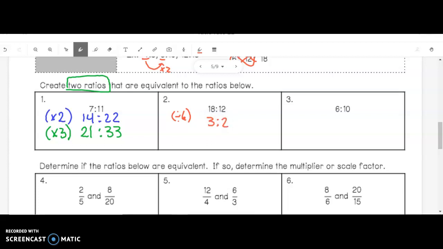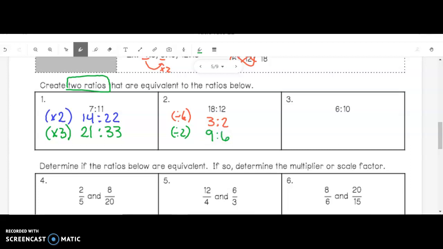So in simplest form, that ratio is 3 to 2. If I want to do one more, let's just divide by 2 for those. Divide both of these by 2. So 18 divided by 2 would be 9, and 12 divided by 2 is 6.